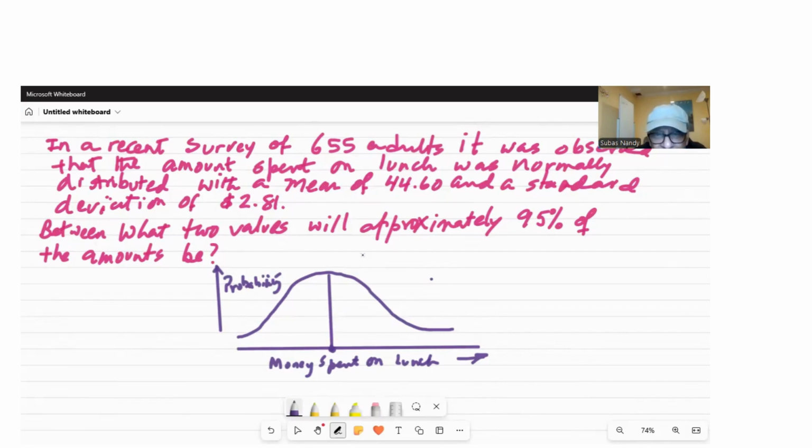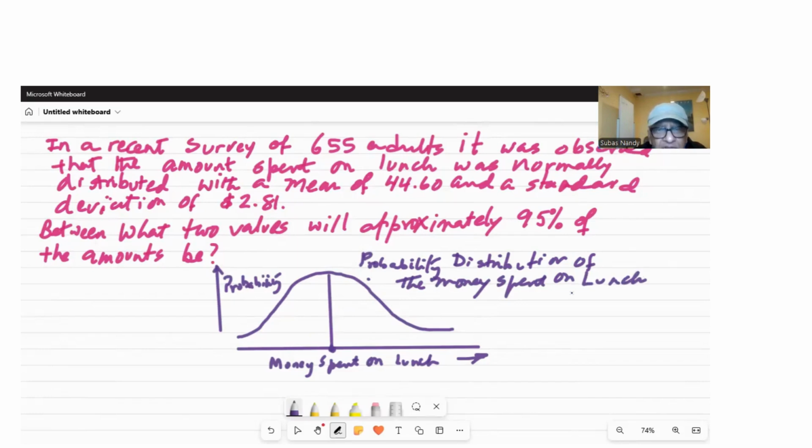You can call this the probability distribution of the amount of money spent on lunch.